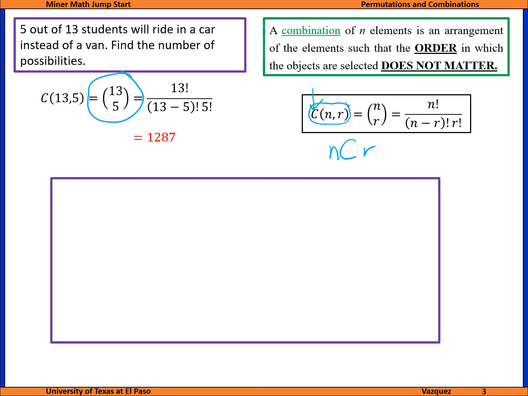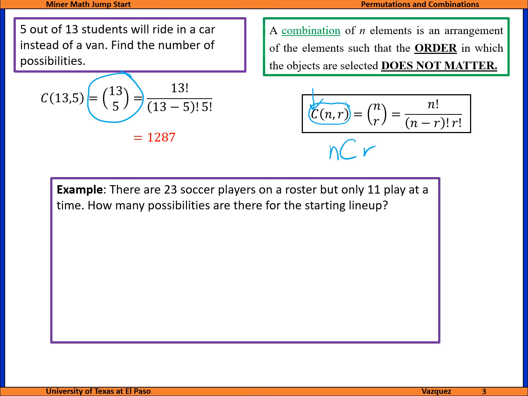And now this big example that I gave away at the beginning: there are 23 soccer players on a roster, but only 11 play at a time. So how many possibilities are there for a starting lineup? Now notice here, it doesn't matter what order we choose them in. As long as we choose the 11 players, we don't care about order.